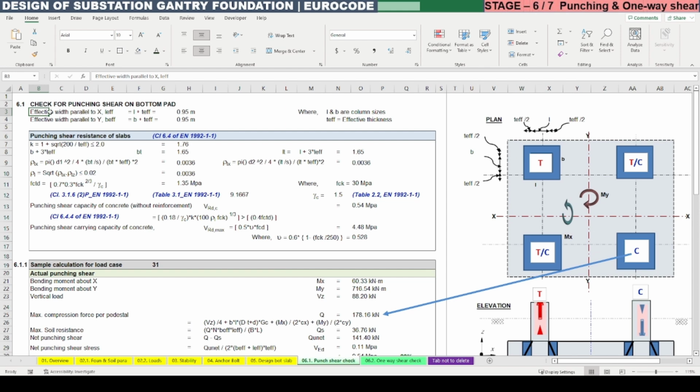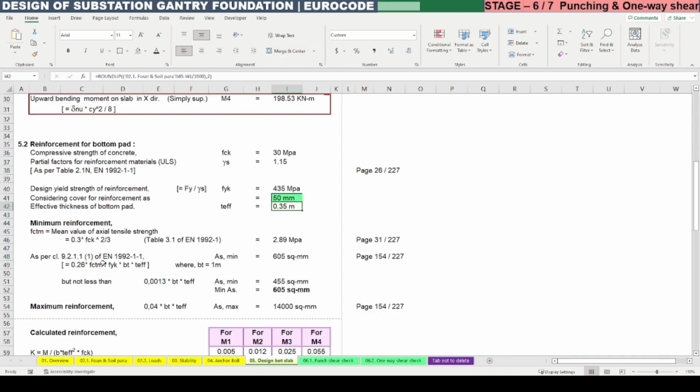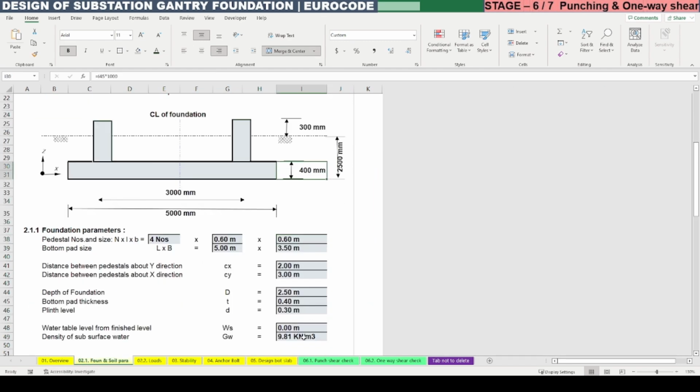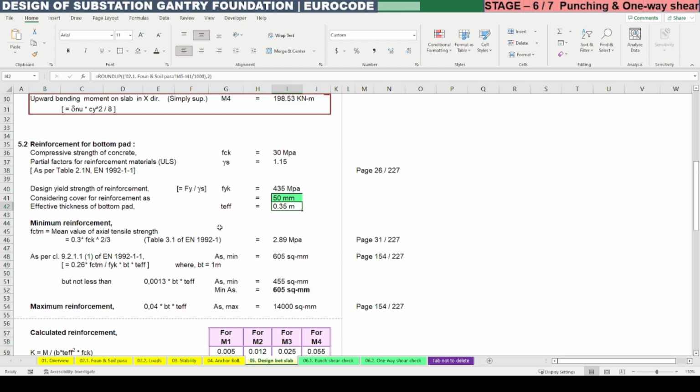Now the effective width parallel to X or Y is nothing but B or L plus the effective thickness of the raft. The effective thickness of the raft we already calculated in stage 5. Here it is 350 mm. The 350 mm is calculated from the overall thickness of the raft, which is 400 mm, deducting the cover for reinforcement of 50 mm.